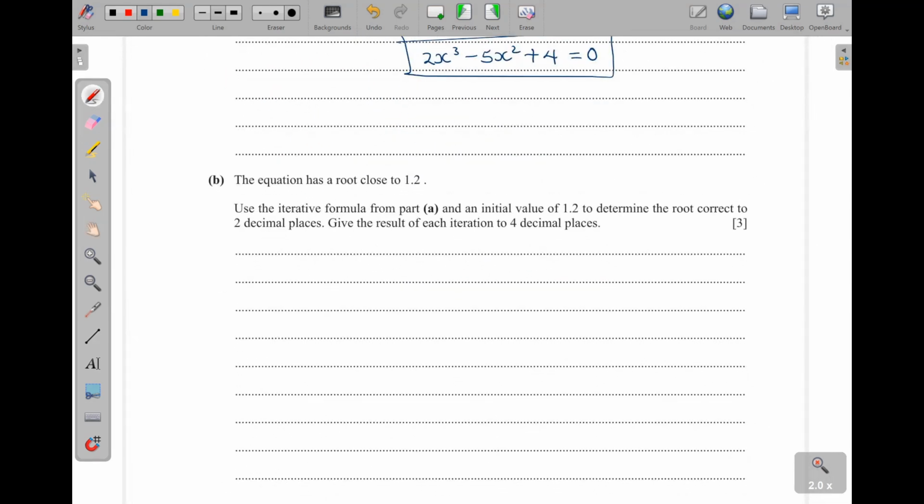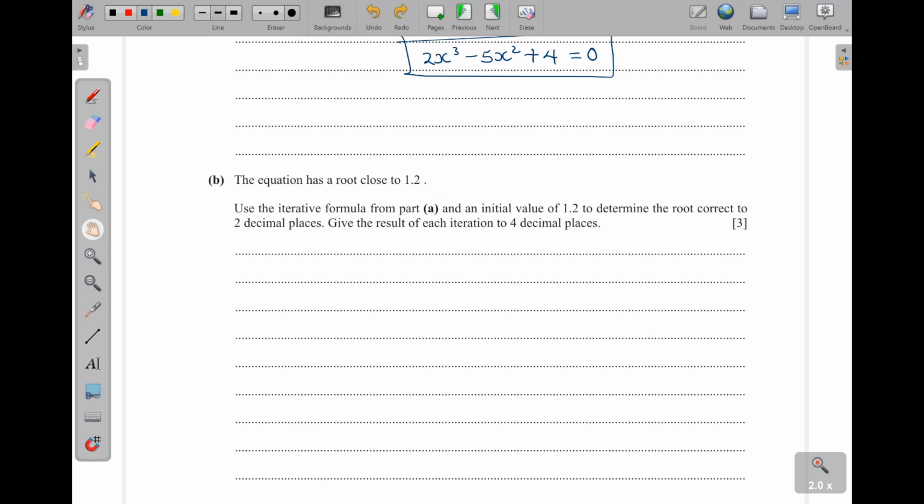Then part B, they're saying that the equation has a root close to 1.2. Use the iterative formula from part A and an initial value of 1.2 to determine the root correct to 2 decimal places. Give the result of each iteration to 4 decimal places.